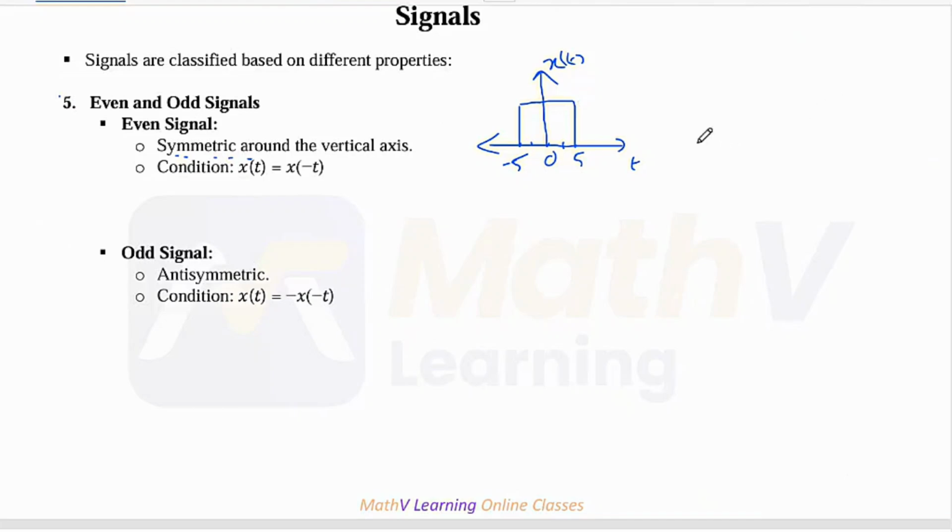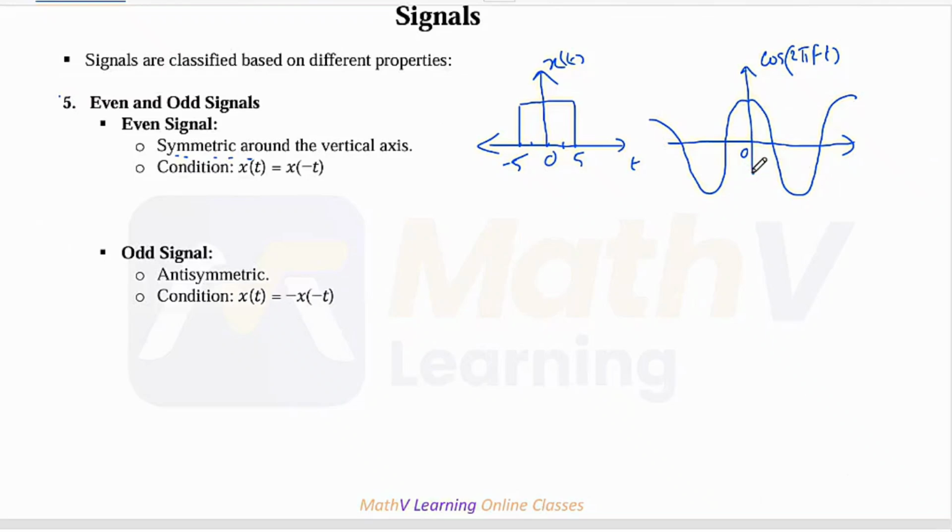Okay, similarly one important even signal is the cosine signal. Okay, so this is cos 2 pi t. This cos 2 pi t is actually an even signal.